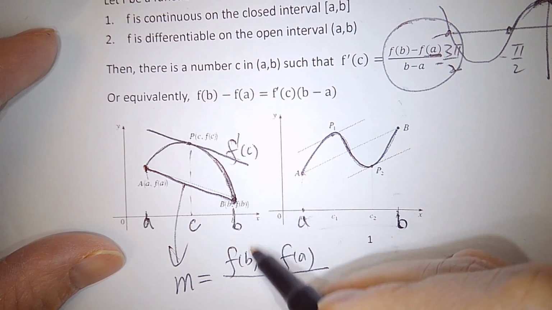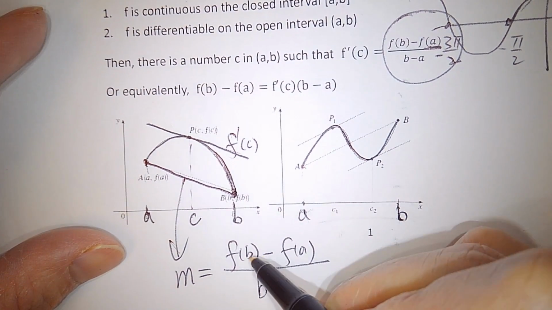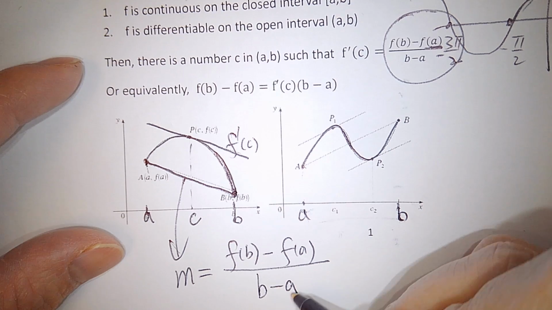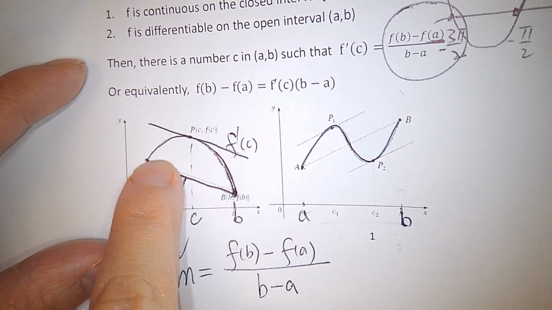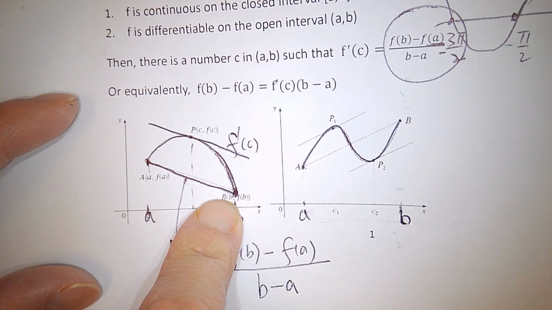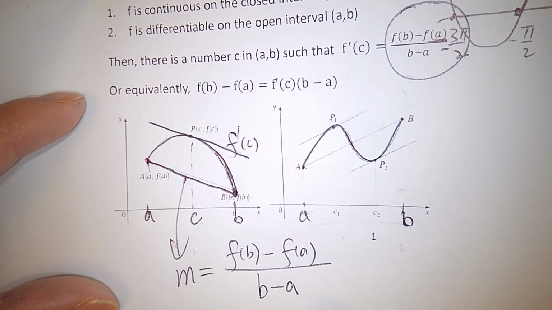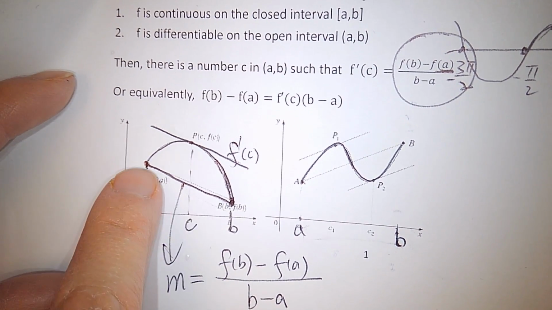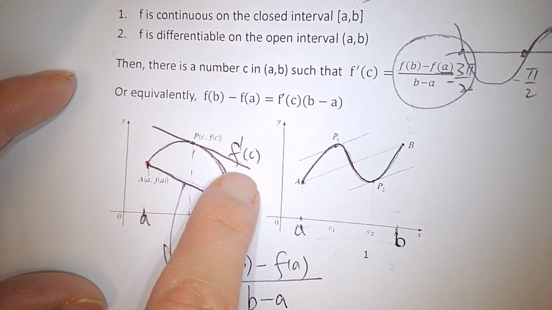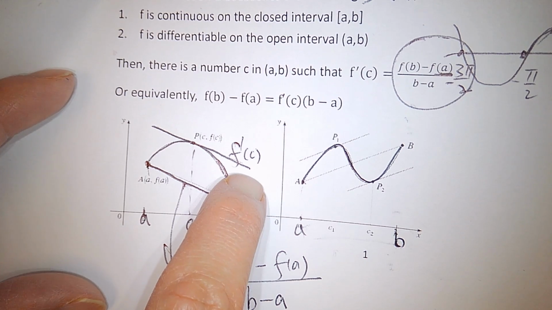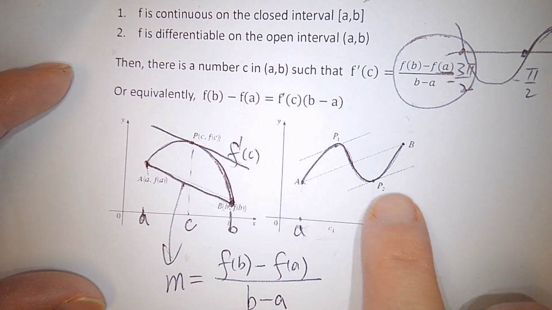Equals what? Divided by what? b minus a. So change in y divided by change in x. Change in y divided by change in x gives us the slope of the line segment. We learned this before, right? In college algebra. So see, the slope of this line segment equals the slope of what? This tangent line.